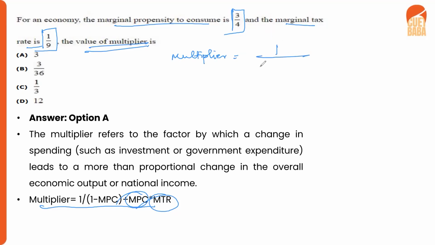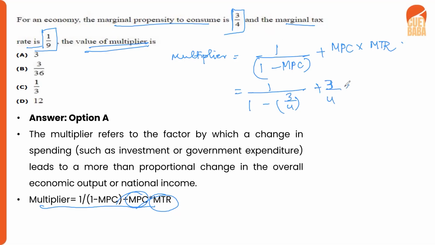That is 1 divided by 1 minus MPC plus MPC into MTR. Just place the given values: MPC is 3 by 4 plus MPC 3 by 4 into 1 by 9. It's very simple to solve this as well, and when you solve it, you'll get the answer as 3.